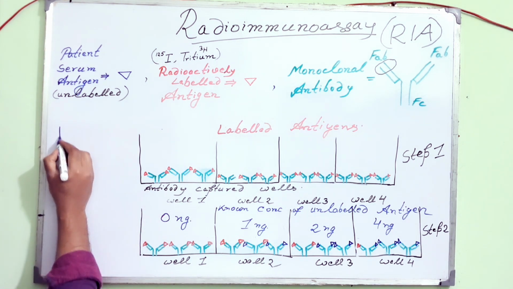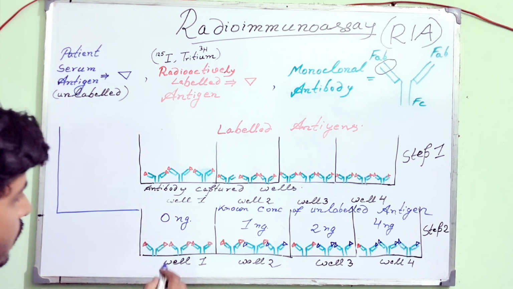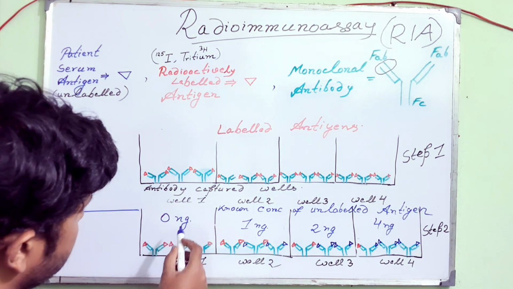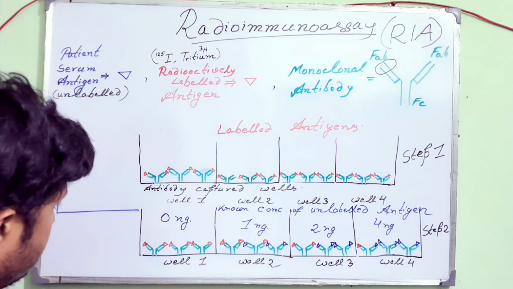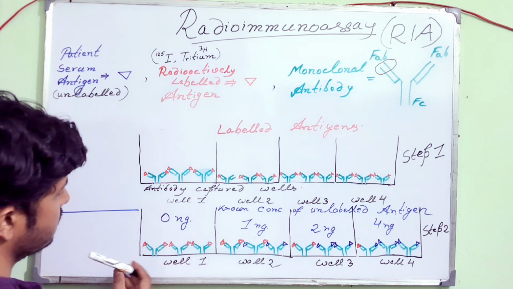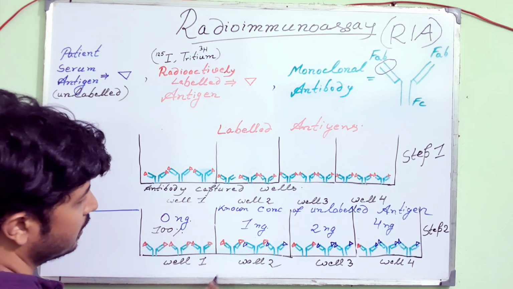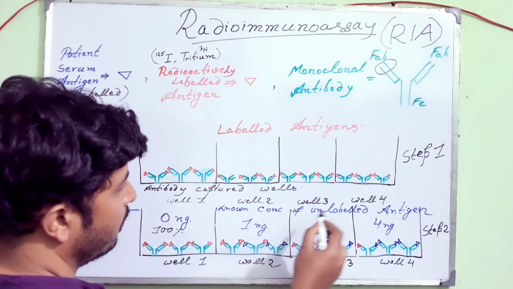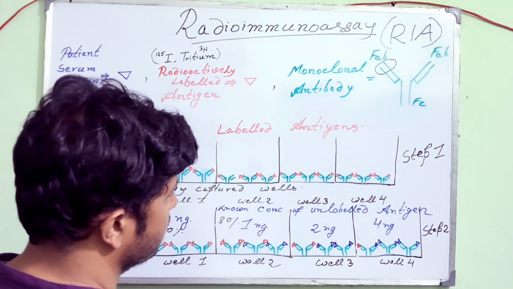Now let's draw a curve. When you have 0 nanogram of unlabeled antigens, suppose the radioactivity was 100%. Now when you have added 1 nanogram of unlabeled antigens, the radioactivity is 80%.